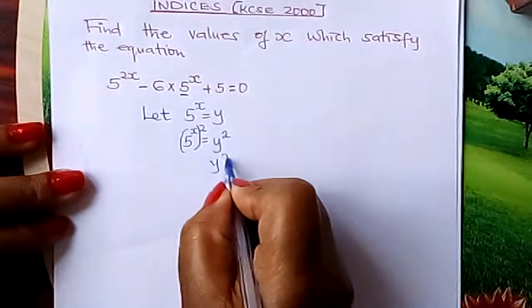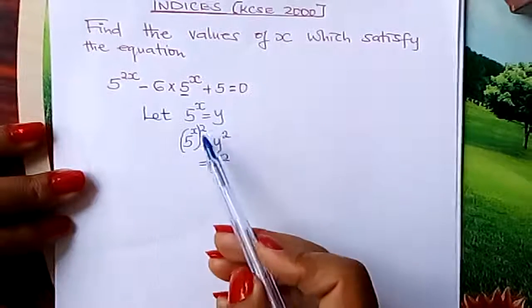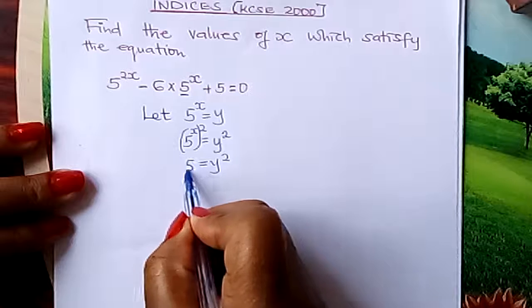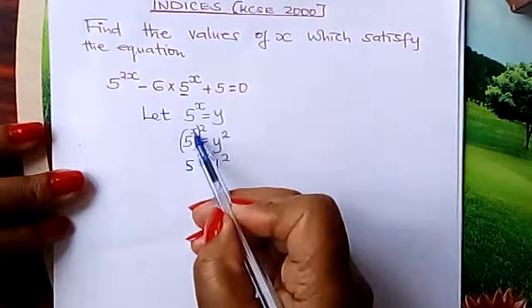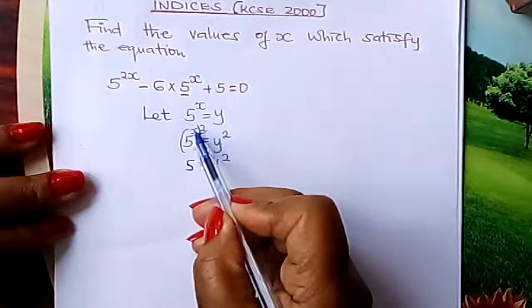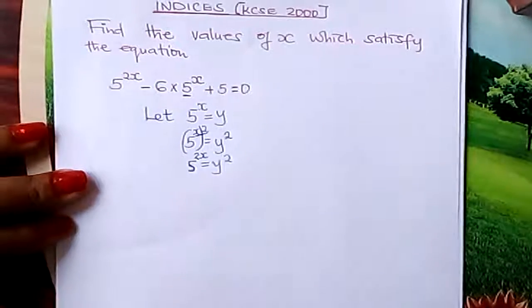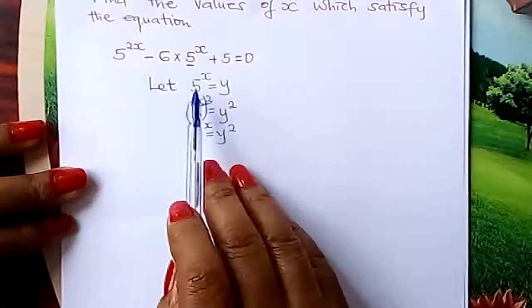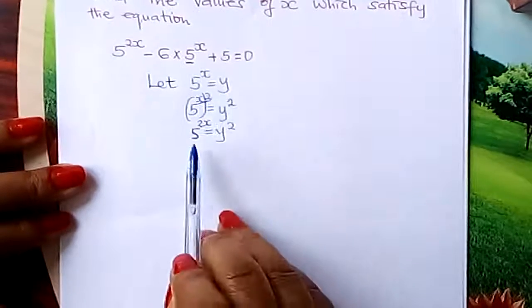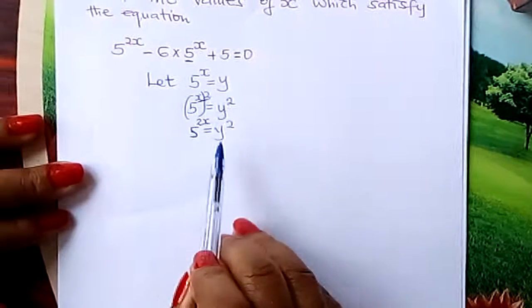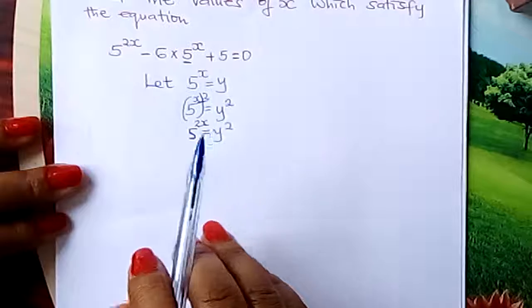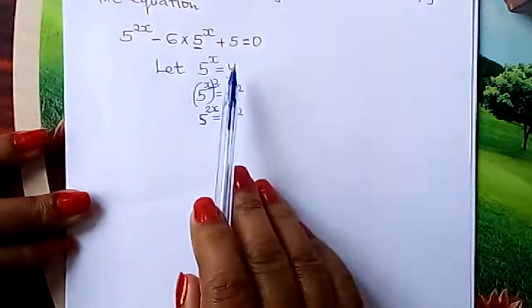And therefore, I'd say y squared is equal to what? 5, and then according to laws of indices, I multiply these powers, I get 2x. So if 5 raised to x is y, 5 raised to 2x is equal to y squared. Good. Then let us now substitute.